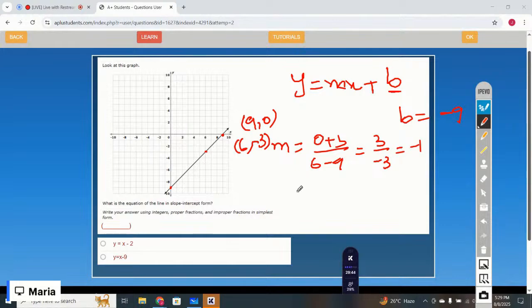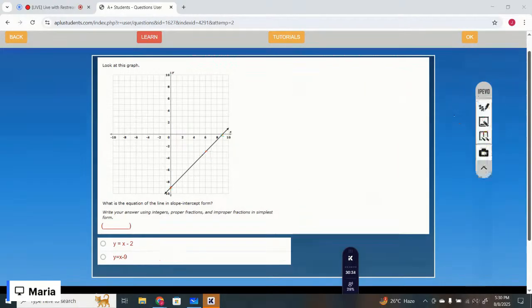So y equals, it would be x minus 9. Option number 2 is the correct option, that is y equals x minus 9.